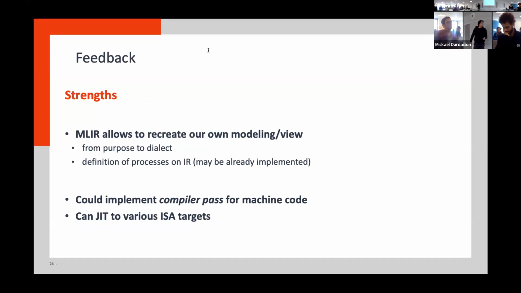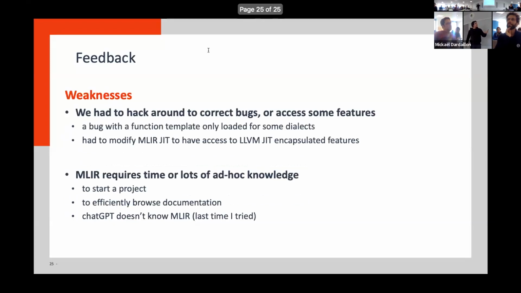And also it has a JIT, maybe slow, but as Simon said, it's moving fast, so sometimes there are bugs, sometimes we had to hack around to have access to some features. And it requires a lot of time to even start a project, or I find the documentation very hermetic.